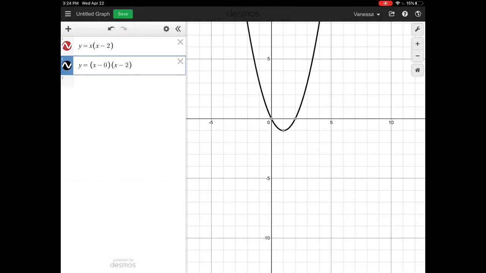Okay, thank you for pausing the video to analyze the connection between the equation and the graph, but you should have noticed that each factor is connected to each x-intercept. So x minus 0, the connection is the x-intercept at x equals 0, and x minus 2, if you set equal to 0, then you will solve for x and it gives you your second x-intercept.